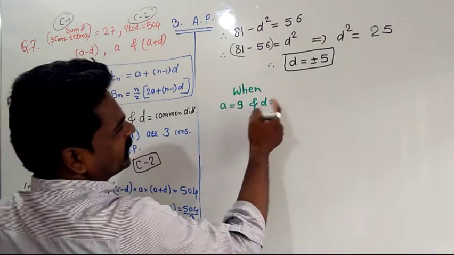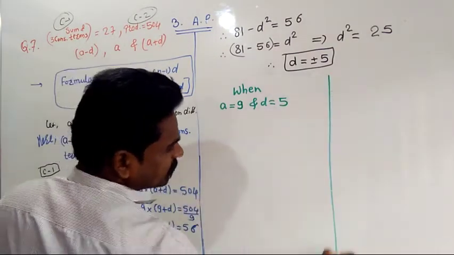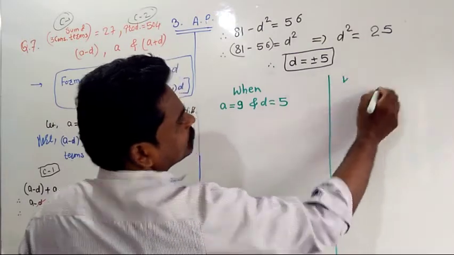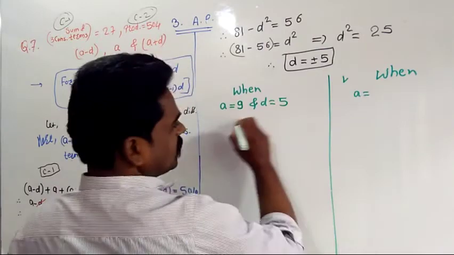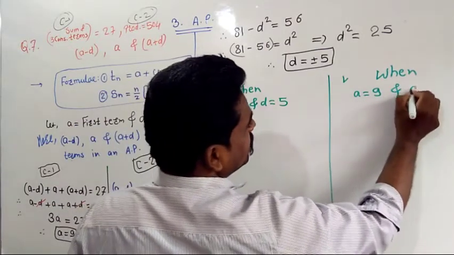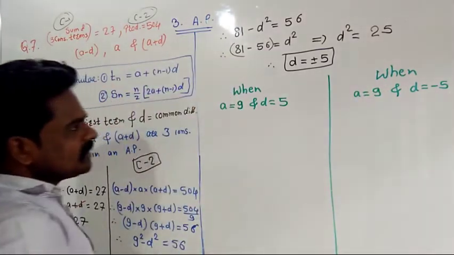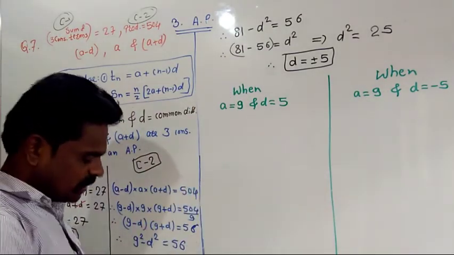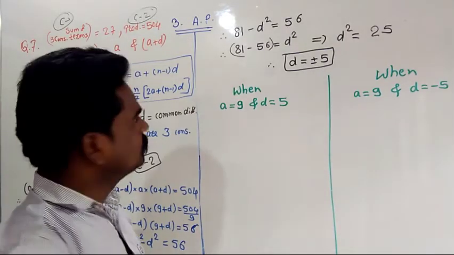A is equal to 9 and d is equal to plus 5 on one side, and a is equal to again 9 and d is equal to minus 5 on the other. So these two parts we will solve. When a is equal to 9 and d is equal to 5, what terms will we get?